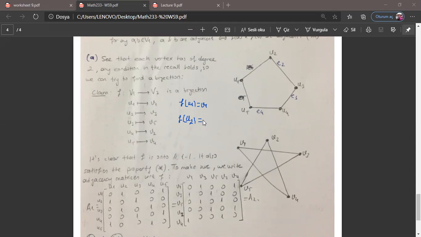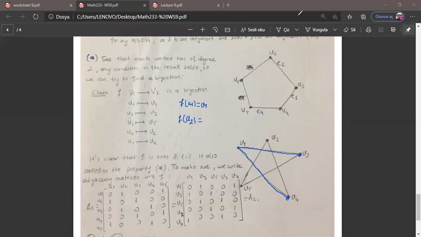So we need to pick an element from here for the image of U2, which is a neighbor of V1, okay? So what are the neighbors of V1? Here we have some edge and another edge, and that's all. These are two neighbors of V1.